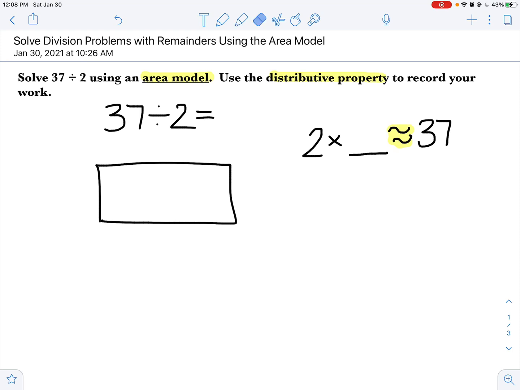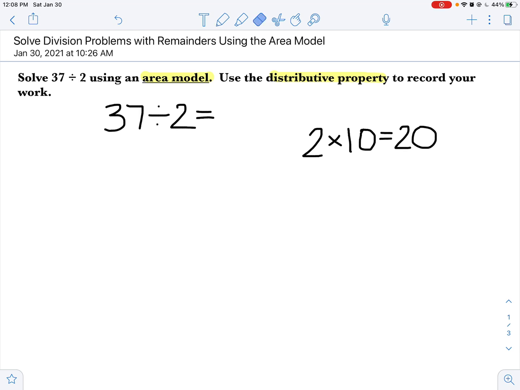You might say, well, I know 2 times 10 would get me to 20, right? That looks like it's getting us close to 30. So I'm going to use that, and I'm going to show a 2 by 10 on my area model. I'm saying 2 times 10 will get me to 20. Now, I'm not at 37 yet.